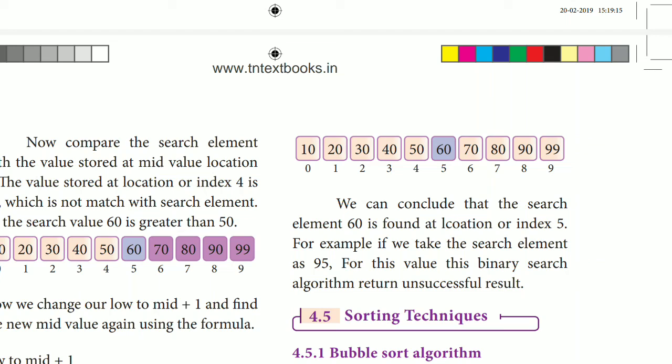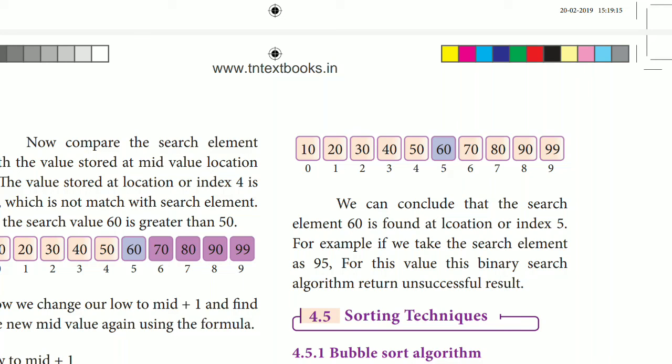These are all important 5 marks questions, and it may be asked in any way. Either 3 mark or 5 mark, they may ask this binary search. So take some time to read binary search. It's a very important question.